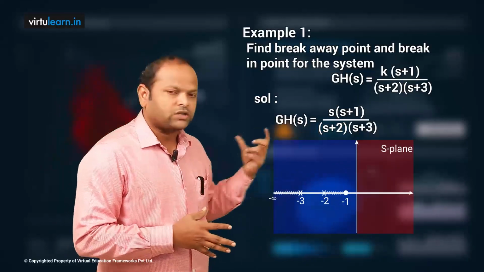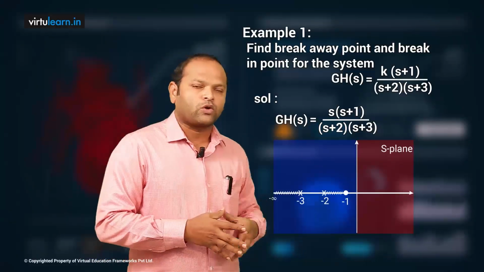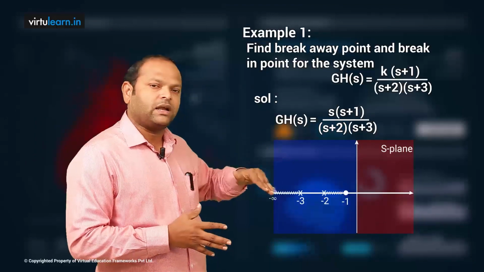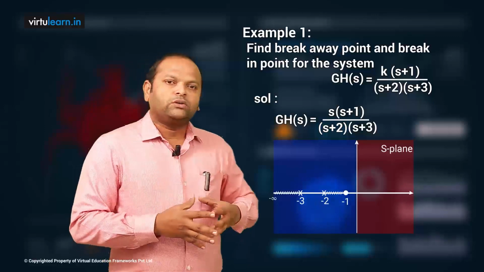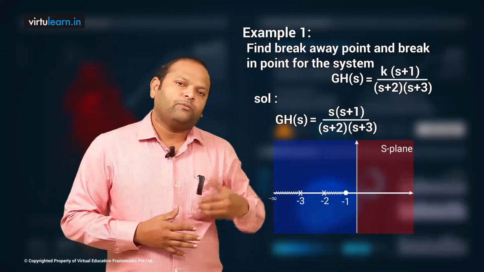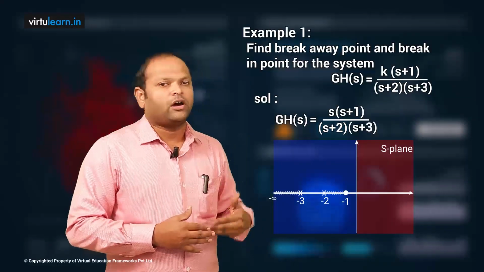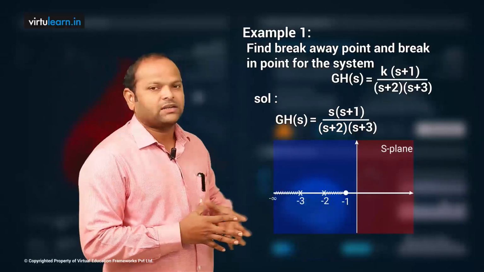So this is the root locus area. If you want to draw the root locus diagram on the real axis, you should draw only within this space. Now, I want to find out the breakaway point or break-in point for this particular system.